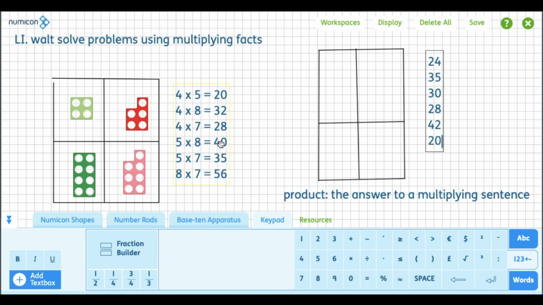Okay, so this time we're going to be working with 24, 35, 30, 28, 42, and 20.